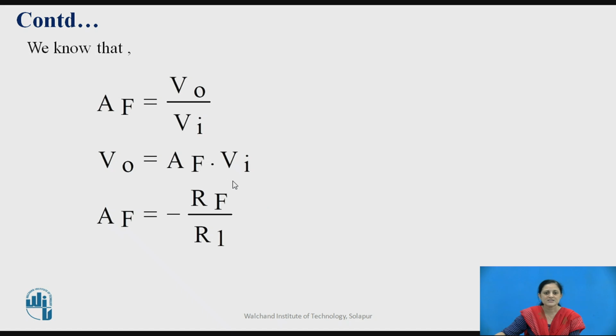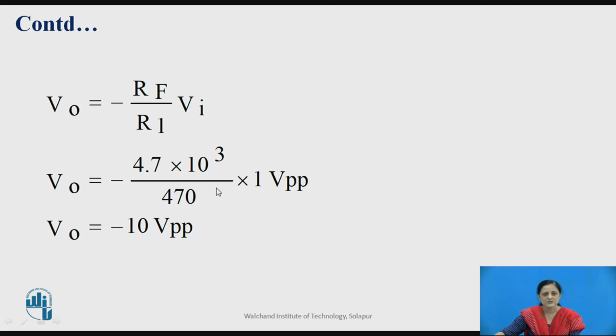Again we follow the same procedure as the previous one. The voltage gain is the ratio of V out by V in. So from this equation you can write the output voltage equal to AF times V in, where again the inverting mode is given, therefore AF is equal to minus RF by R1. So VO equal to minus RF by R1 times VI.